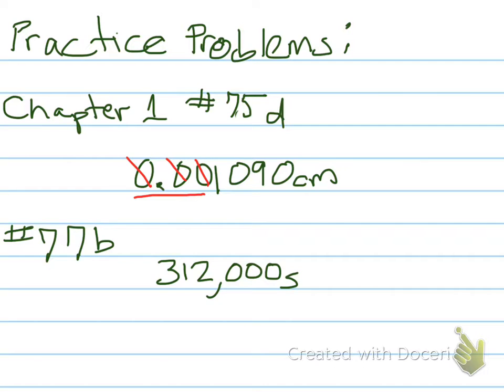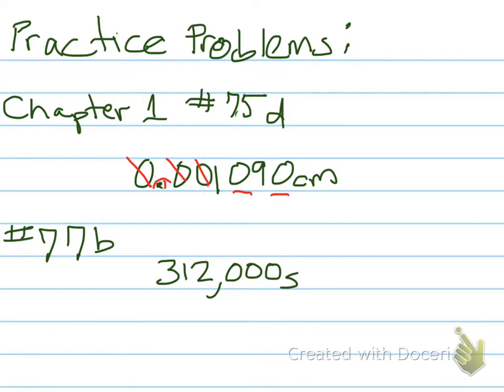They are place-holding values. This zero is in between two non-zero numbers, so it is significant. And this zero is a trailing zero after a decimal point, so it is also significant. So both of those zeros are significant, and these three zeros are not significant.